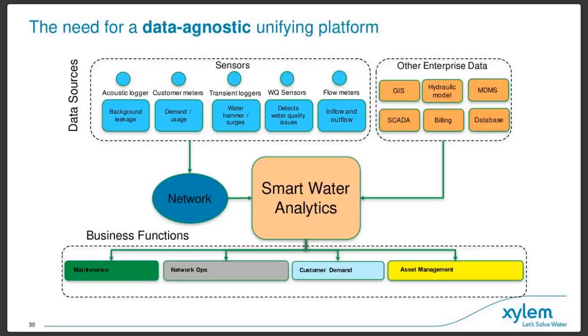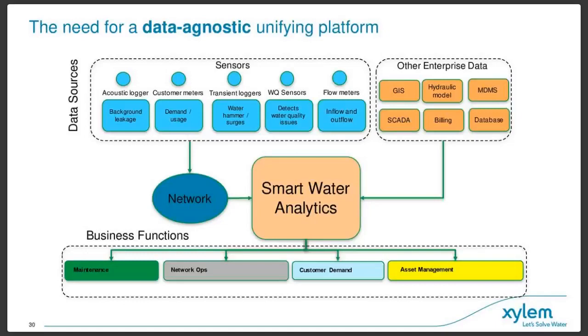And this is where the idea of a smart water analytics platform is really key. It's about being able to pull that data together, be able to understand how the data are correlated, be able to bring in legacy and enterprise data systems such as the GIS, potentially a hydraulic model, and other elements, and use that to give increased confidence in decisions based on the actionable information that are coming out of the smart water analytics that are being applied to these different data sources.